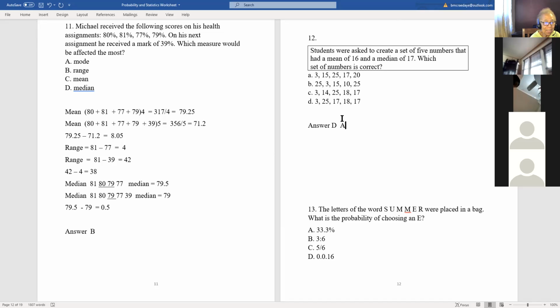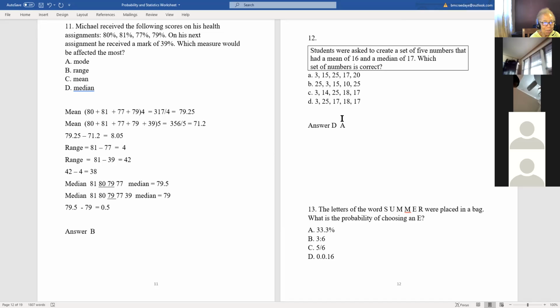So I've got a D and an A. Maureen, which one did you say? I didn't say none yet, because I didn't check out none of the answers. 20, 25. So let me see 20. Right? So this is where you have the middle, the median.